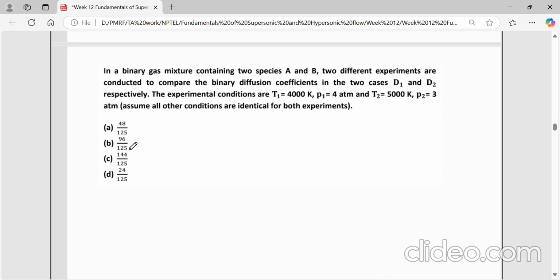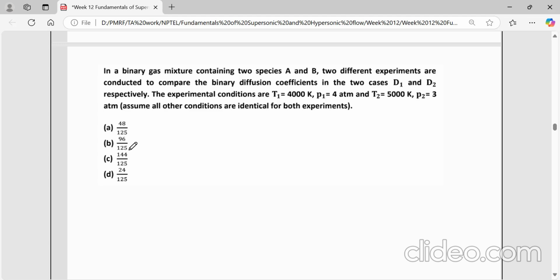Now we will see the next problem. In a binary gas mixture containing two species A and B, two different experiments are conducted to compare the binary diffusion coefficients in the two cases, D1 and D2 respectively. The experimental conditions are T1 equal to 4000 Kelvin, P1 equal to 4 atmosphere, T2 equal to 5000 Kelvin, and P2 equal to 3 atmosphere.